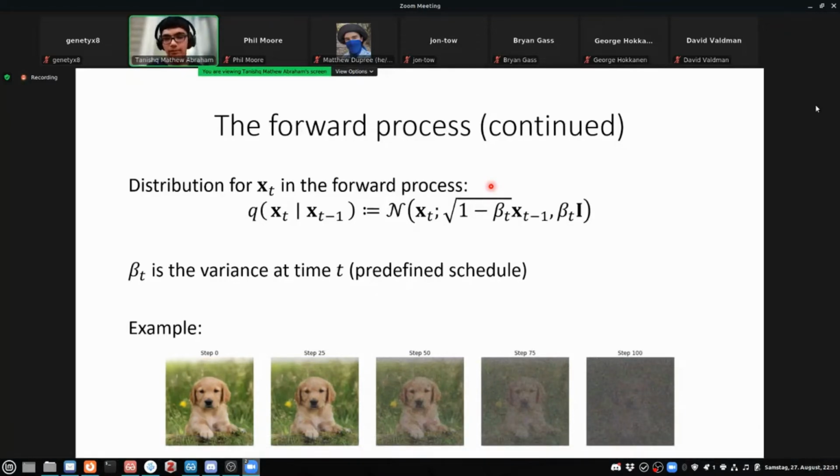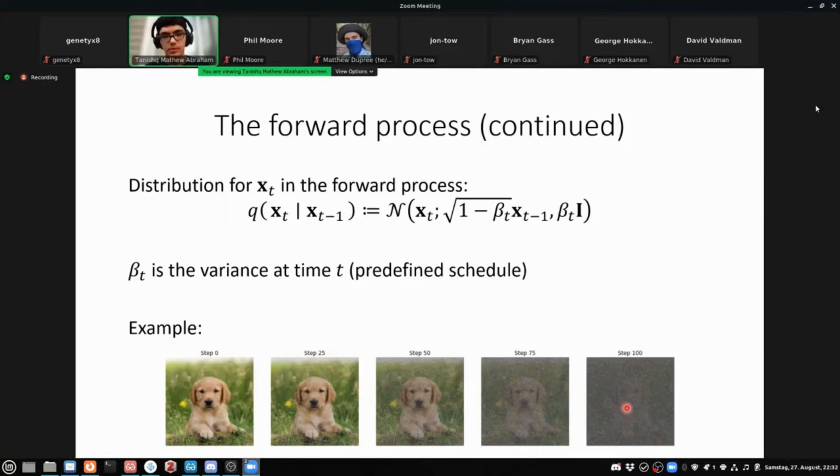All we're doing with this Markov chain forward process is sampling from this predefined Gaussian distribution, starting from our original image and continuing all the way to the end of the Markov chain to get our x capital T. Here we have an example of that, where I have our x0 and we continue along to get our x capital T.